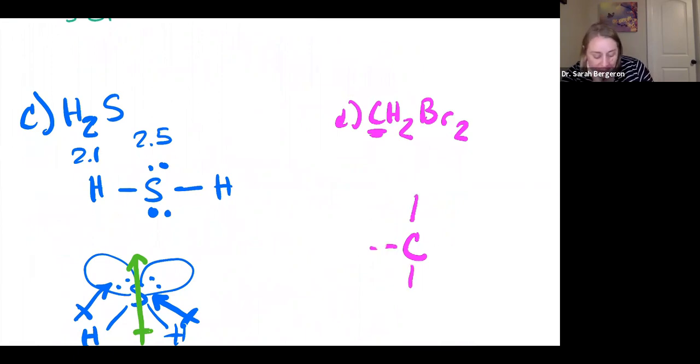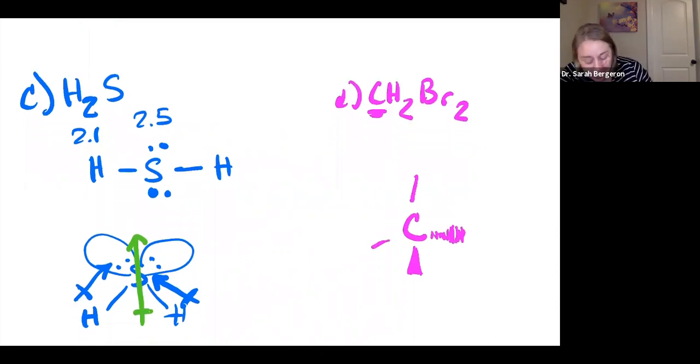If you remember when you have 4 things around the central atom, we did this little dashed thing, and I'm really not a good artist. And then we had one kind of coming out at us, right? So if you remember to think in 3 dimensions, that's a good thing. So we end up with something that looks like this. And it doesn't really matter where you put the hydrogens and the bromine.